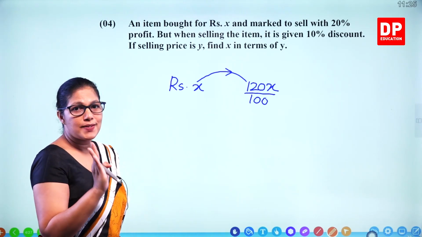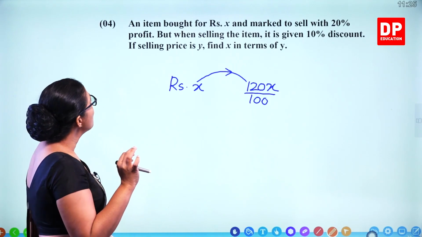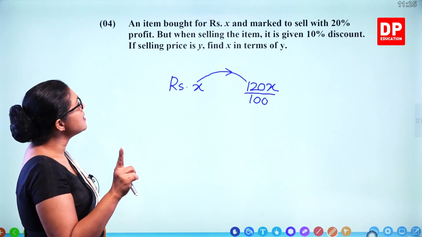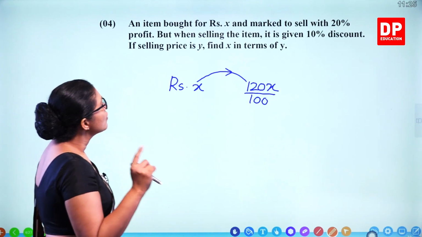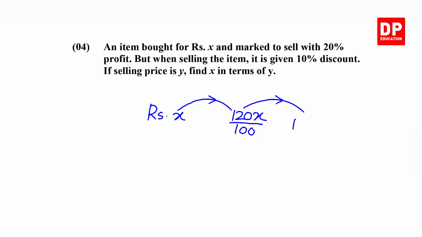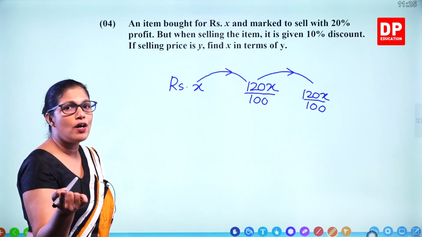value after 20% profit. That's the marked price. From that marked price, getting 10% discount. 10% discount means if you buy for 100, you can sell it for 90.